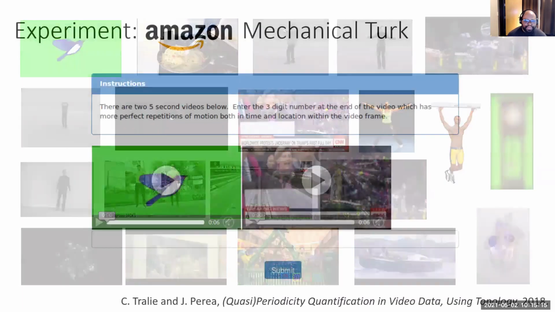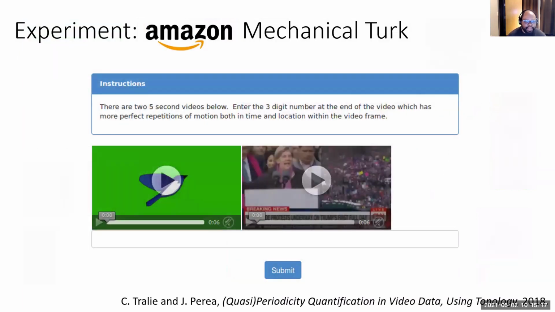We went to Amazon. Amazon has this very cool service called Amazon Mechanical Turk, in which you can pay humans to do classification tasks. So we took a bunch of those videos, put them on the internet through Amazon Mechanical Turk, and asked a ton of volunteers to do the following task.